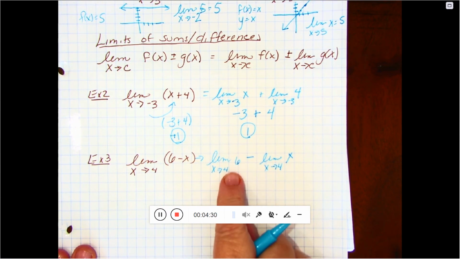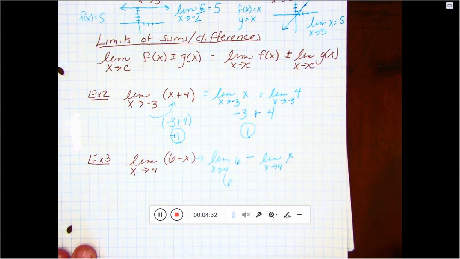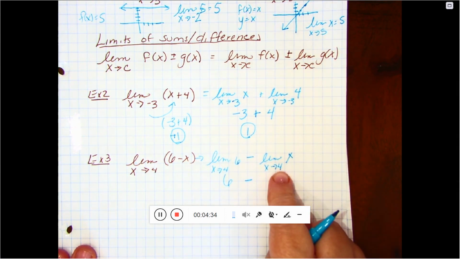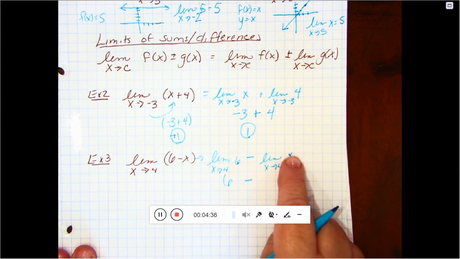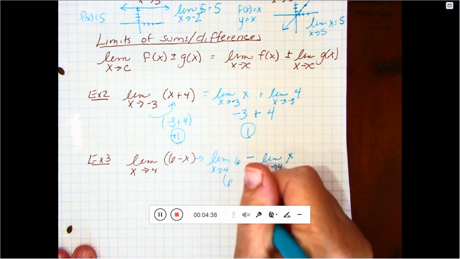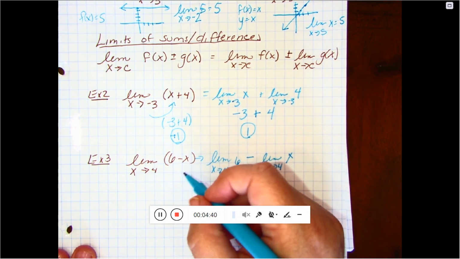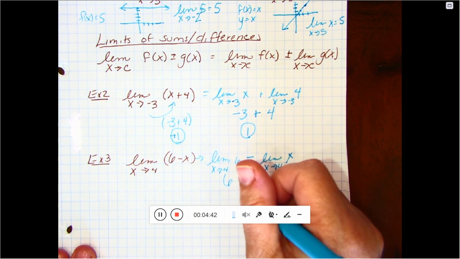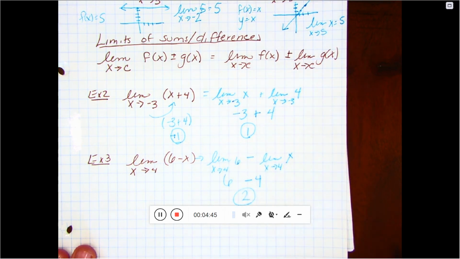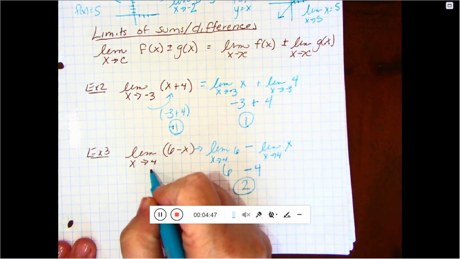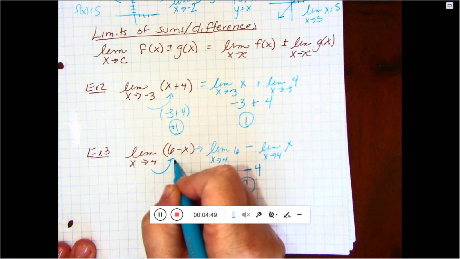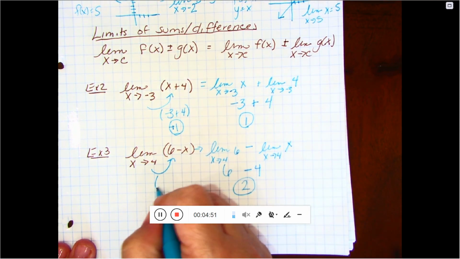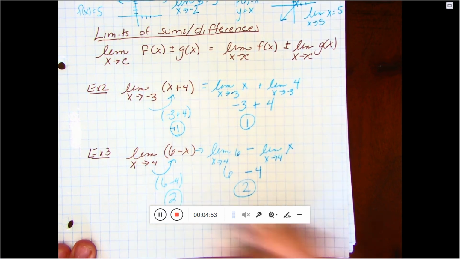So this is the constant rule, that's 6. This is the linear rule. The limit as x approaches 4 of x is 4. So the limit as x approaches 4 of this function is 2. And again, take a look at it. Could I have simply plugged 4 in for x? And the answer is yes.